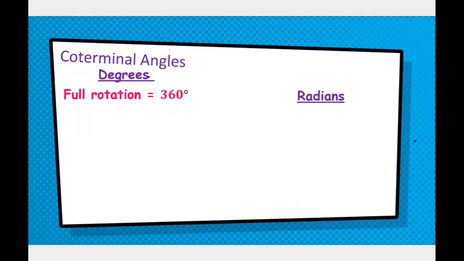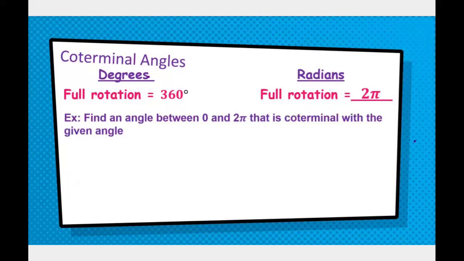All right, so with coterminal angles, we looked at full rotation, adding and subtracting 360 degrees as many times as necessary. We talked about full rotation with radians would be 2 pi. So if I'm going to find an angle between 0 and 2 pi that's coterminal with this given angle, I can just add and subtract 2 pi from this. So the way we can do that is just keep in mind we have fractions here, and so when we add fractions, our denominator has to be the same.